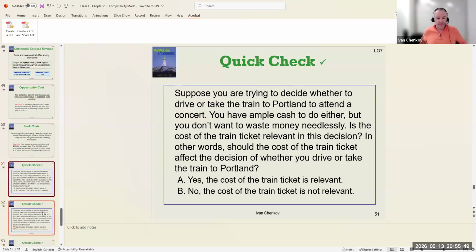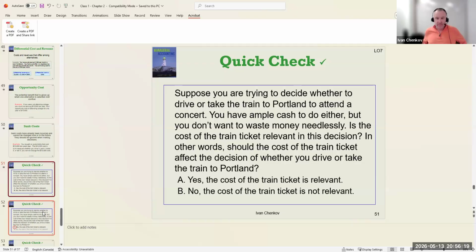Let's see this question now. Pretend that you're trying to decide whether to drive or to take a train to Portland. You want to see a concert in Portland, and your decision is, should I drive or should I take a train? Cash is not your problem. You have enough money, so cash is not a driver for your decision.